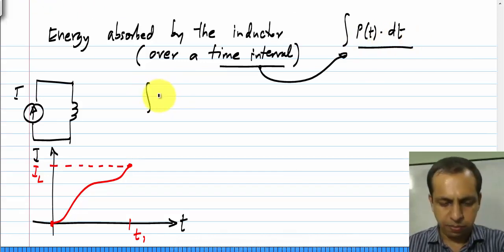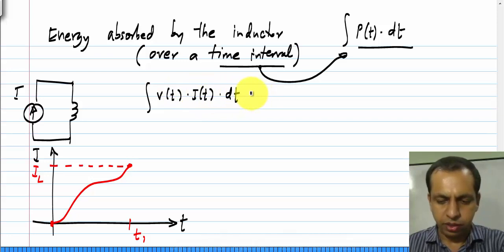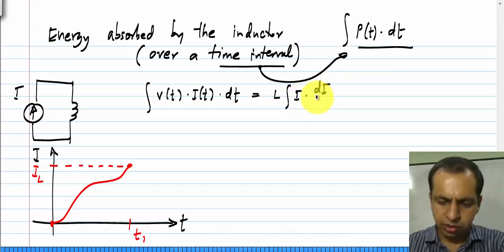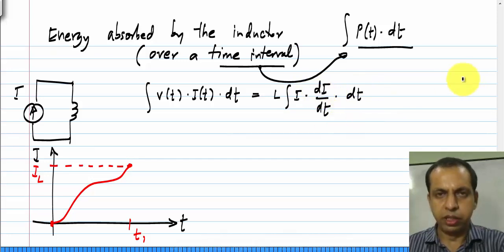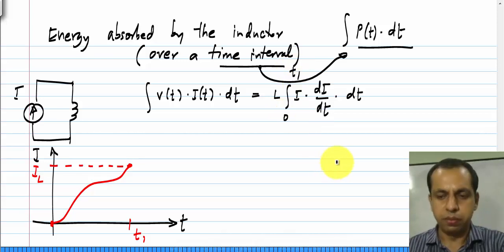Okay. So, the integral, which gives you the energy, is the integral of V of t times I of t dt, which is equal to the integral of L I dI/dt over time. And the interval of integration is from 0 to t1.